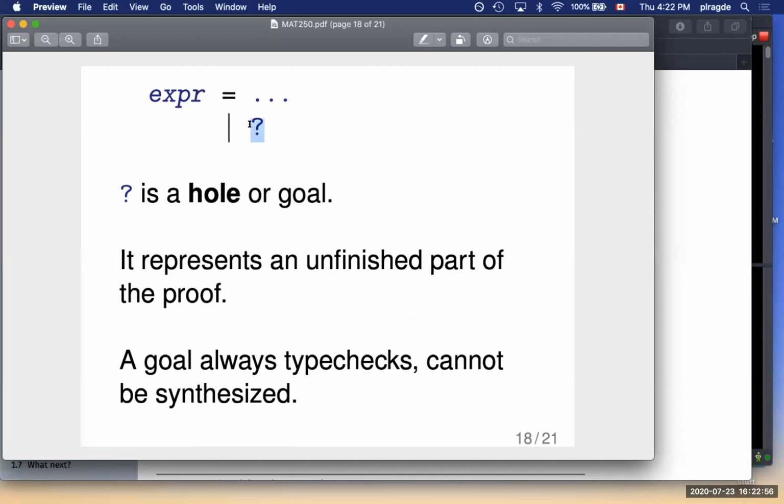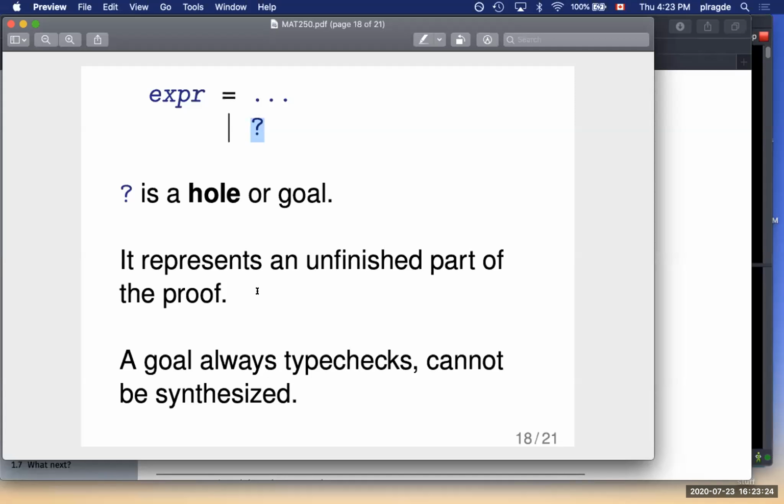Question mark represents a part of the proof we have not completed. And again, there are multiple names for it. It's either a hole or a goal. It represents something we're trying to aspire to, something we want to finish. So a goal or question mark represents an unfinished part of the proof. And in general, you can have several question marks.